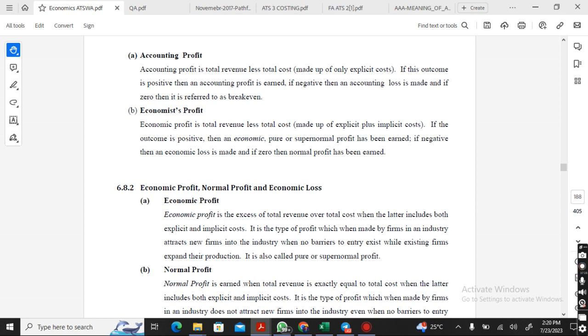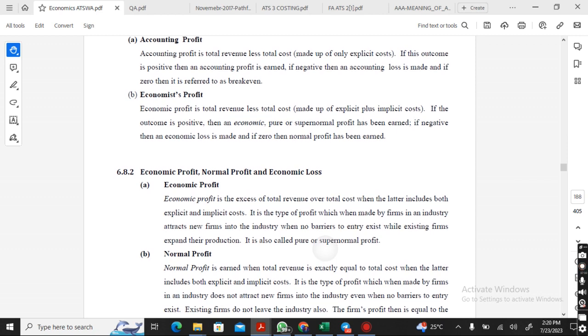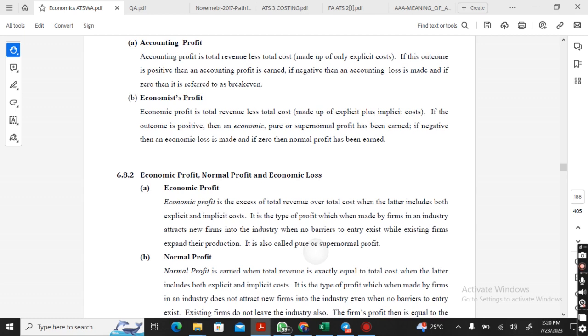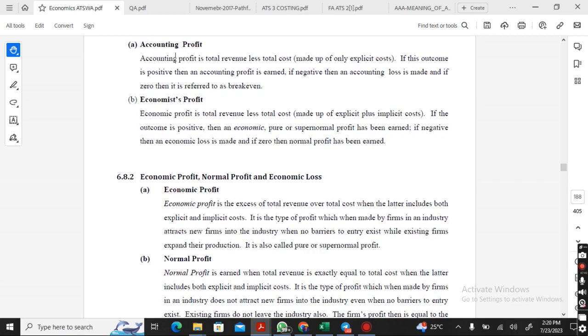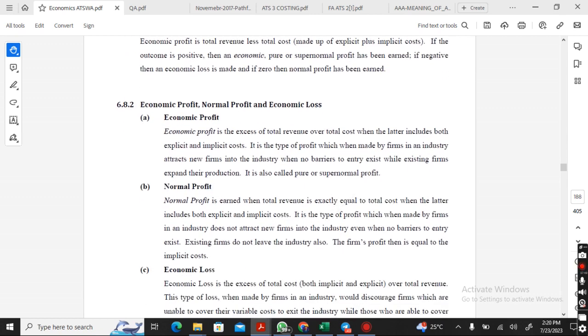So the economic profit is total revenue less total cost, where total cost is made up of explicit and implicit cost. If the outcome is positive, then super normal profit has been earned. If negative, then an economic loss is made, and if 0, then normal profit has been earned.